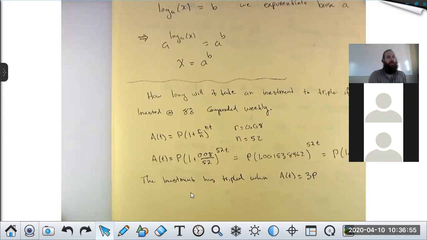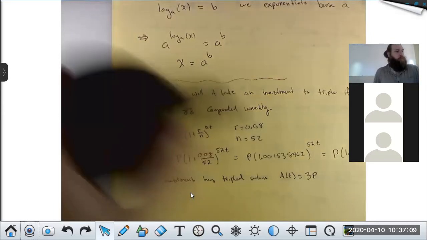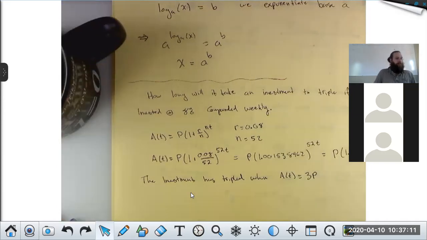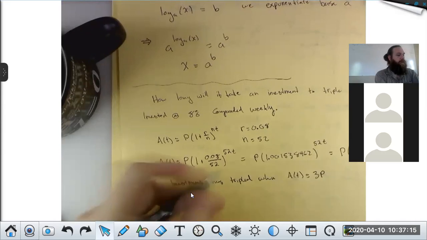If P was the original investment, then tripling, 3 times that, is 3P. So this is the equation I need to solve.